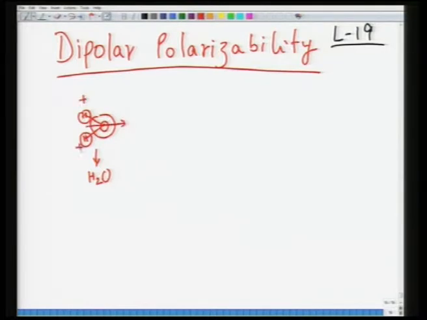This is positive, this is positive, this is negative. You have a component in this direction, a component in that direction, and the vertical components cancel each other. As a result you have a finite mu net for this molecule.